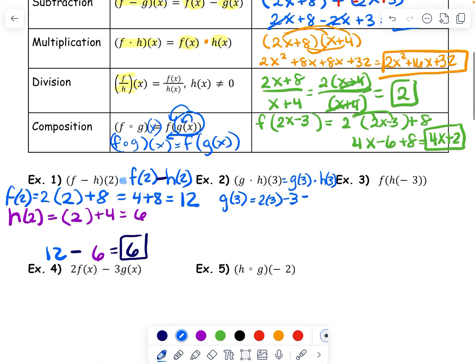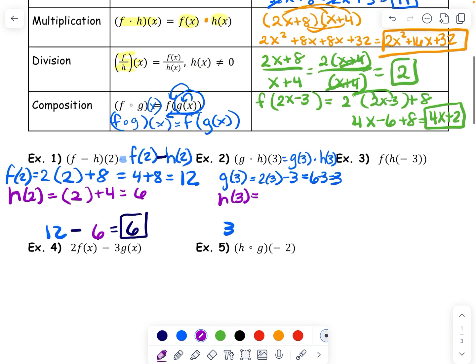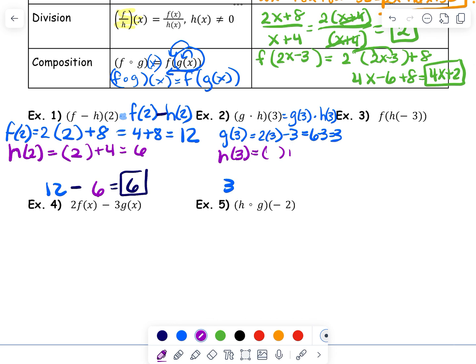And that's going to be 6 minus 3, or 3. And then the next one, h of 3, our h is x plus 4. So x plus 4, we're going to put the 3 in for the x, and we get 7. So we get a 7. And it's asking us to multiply, so we are going to multiply these, and we get 21.